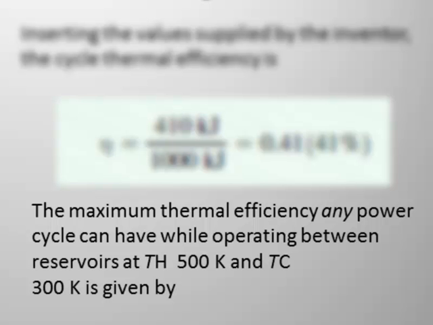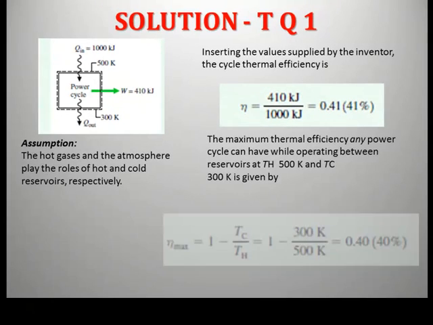Since any power cycle operating within a particular reservoir operating temperature can have some limit to its efficiency, we'll calculate the maximum efficiency and then compare with the actual efficiency.